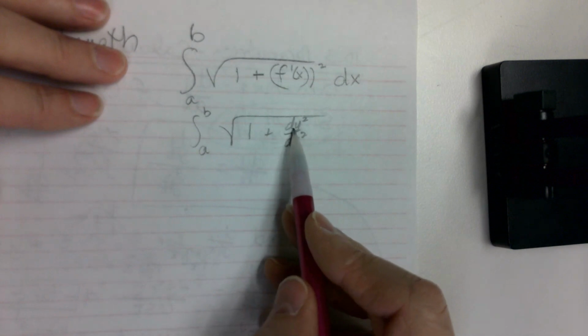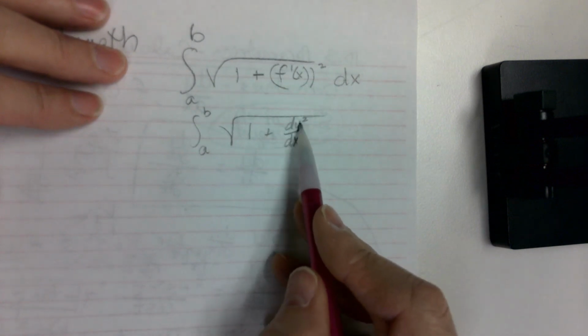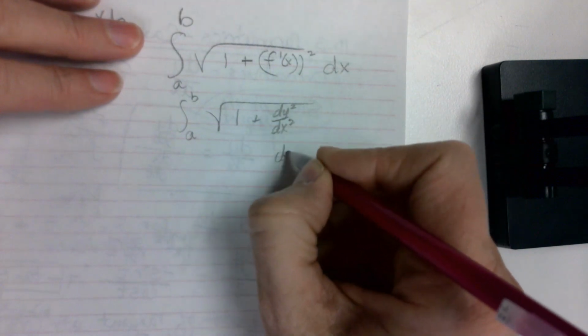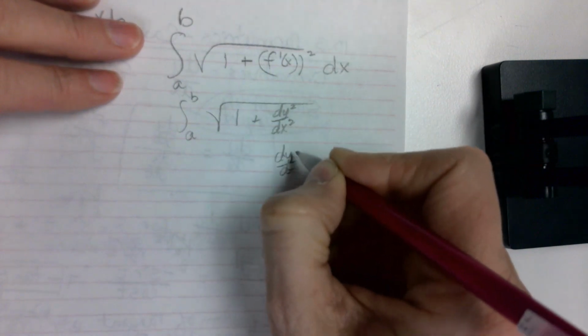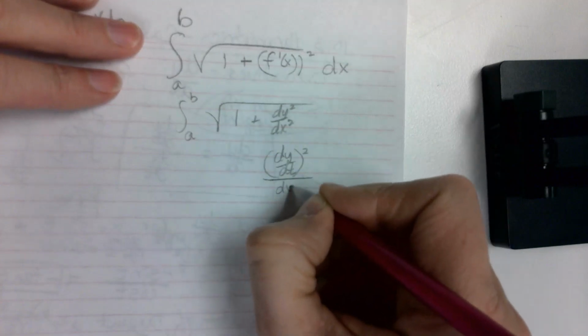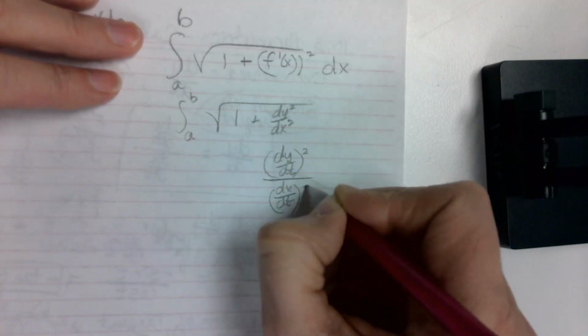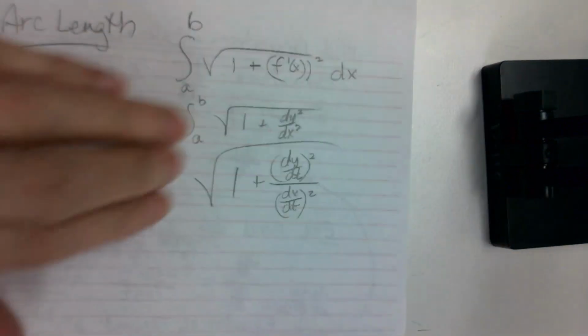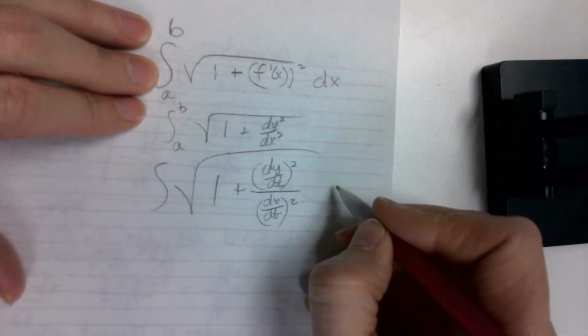But in parametrics, dy dx is really dy dt squared over dx dt squared. Everybody agree with that statement? And I'll just ignore the limits of integration right now.